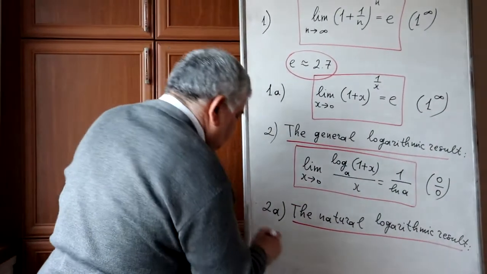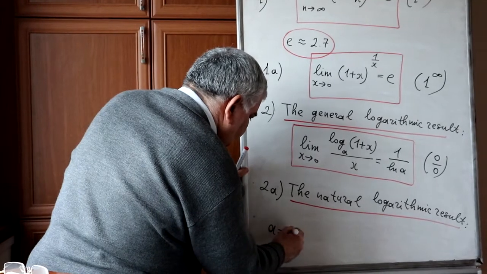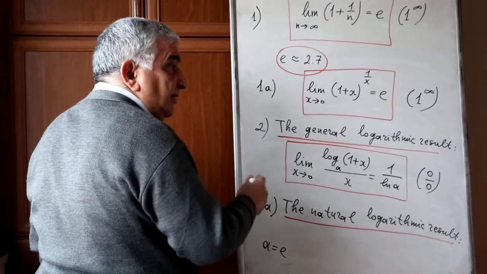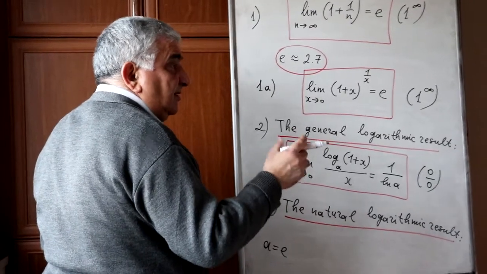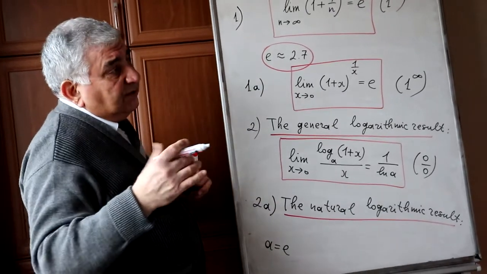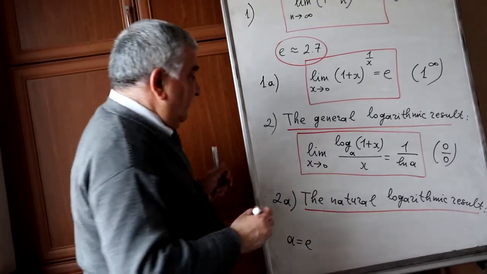If a is e, then we obtain the natural logarithm. If the base of the logarithm is e, it means the general logarithm is transformed into the natural logarithm.